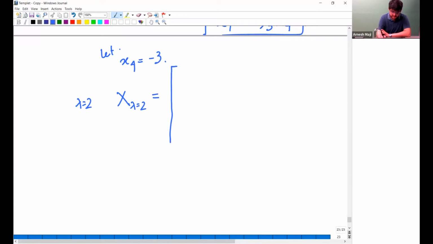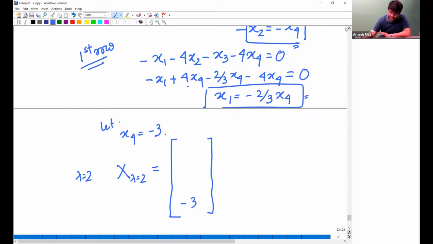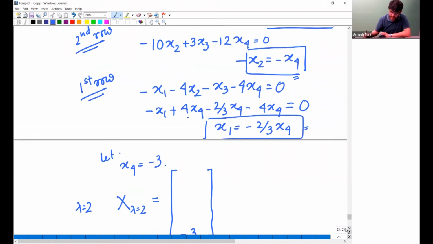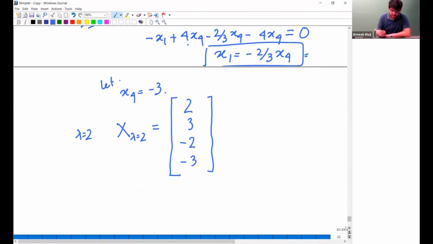That will be, so x4 we will put minus 3, and from previous relations we will have x3 equal to 2 by 3 x4, and if you put those in, you will get the values as this. So this is the eigenvector corresponding to the value lambda equal to 2.